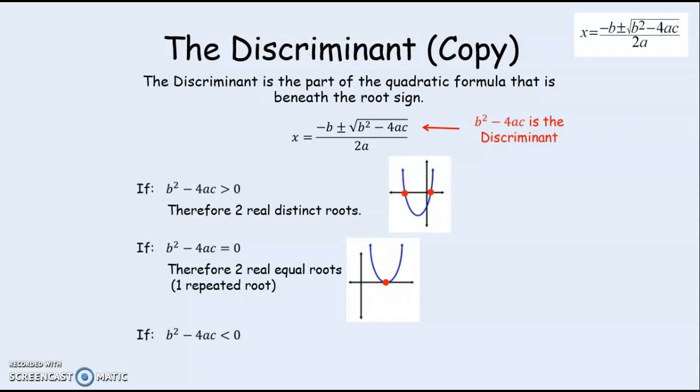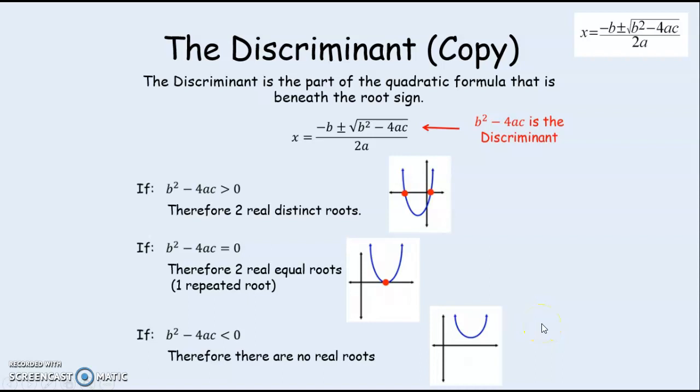Now if b squared minus 4ac is less than 0, this is what we had in our first example. If it's less than 0, then we know there's going to be no solution, so there are no real roots. And that means it's not going to cross the axes at all.